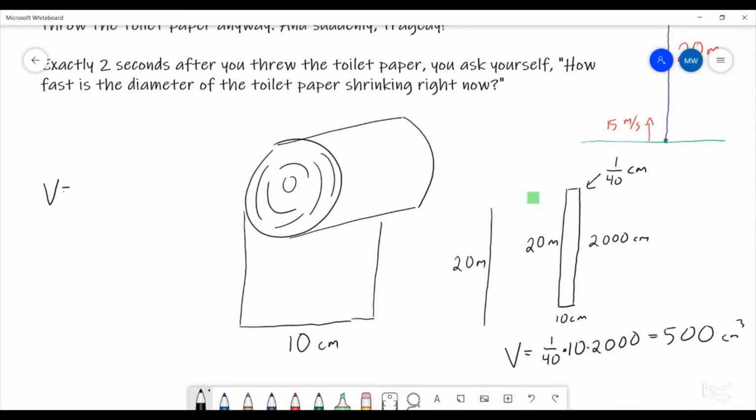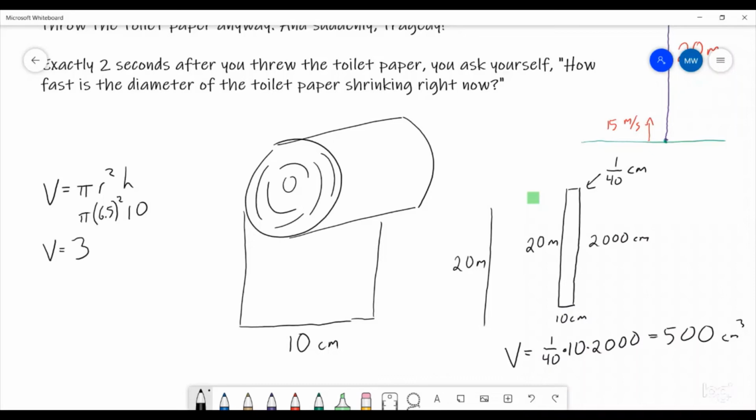So volume of a cylinder is going to be not 4/3, that's of a sphere. So volume of a cylinder is pi radius squared times the height. In this case, the height is 10. Radius is going to be half of 13, so that's going to be 6.5. And we're going to say that pi is about 3 just to get a rough idea.